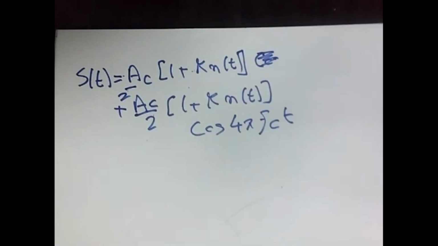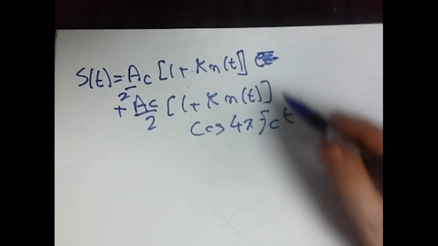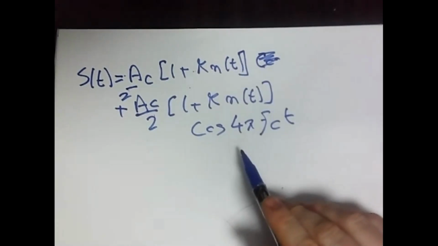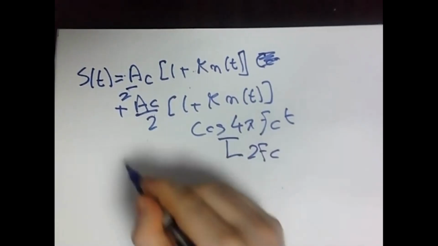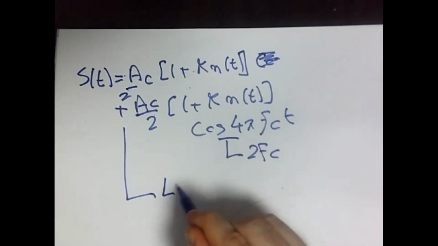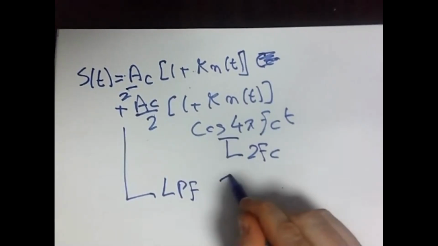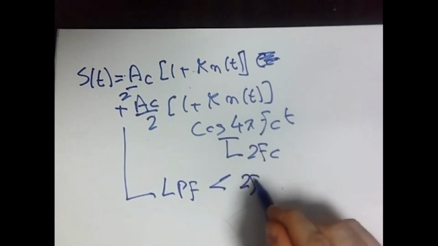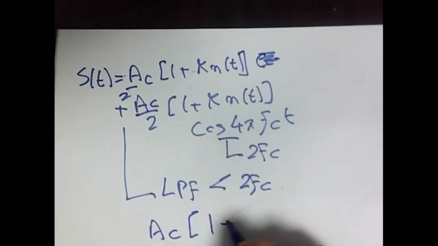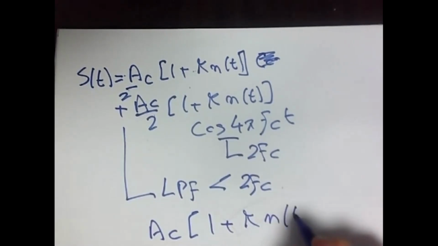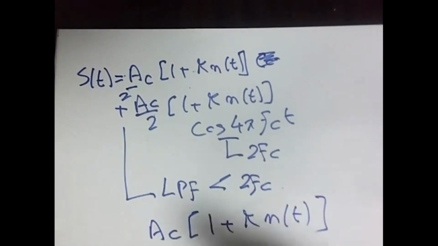Here again, two signals. The first is baseband, the second is at a frequency 2f_c. By using a very simple low-pass filter with a cutoff frequency smaller than 2f_c, you can suppress the high frequency component, and then you can easily get A_c (1 + k m(t)), which is some sort of the message.